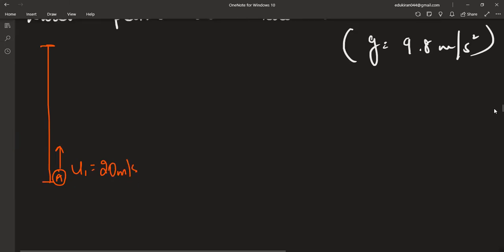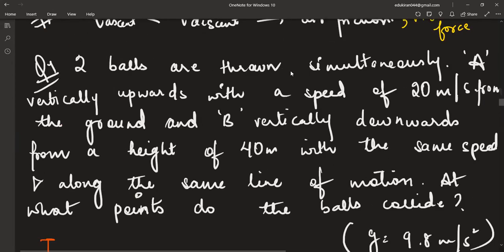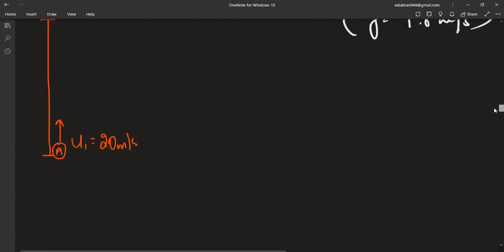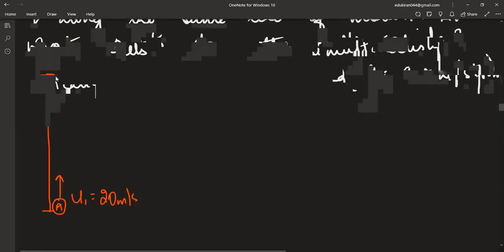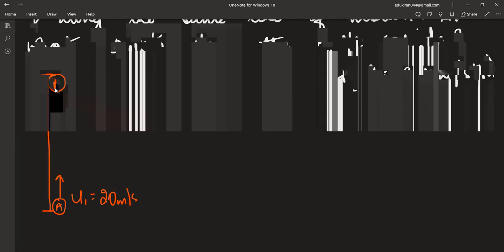This is what is written in the first line: two balls are thrown simultaneously. A is thrown vertically upwards with a speed of 20 meters per second from the ground. And B is thrown vertically downwards from a height of 40 meters with the same speed. So A is thrown upwards with 20 meters per second. B is thrown downwards with the same initial velocity, 20 meters per second.